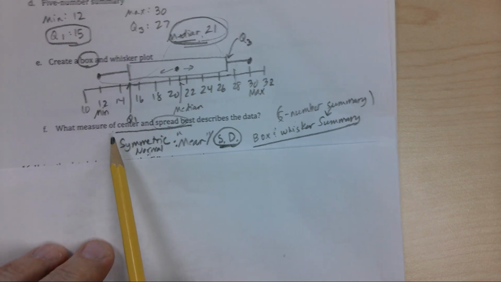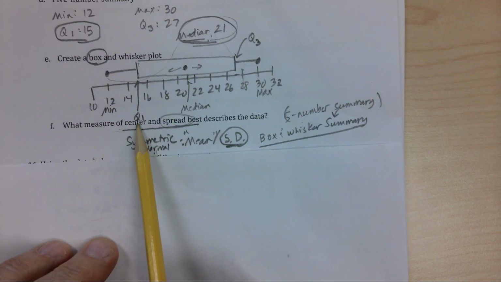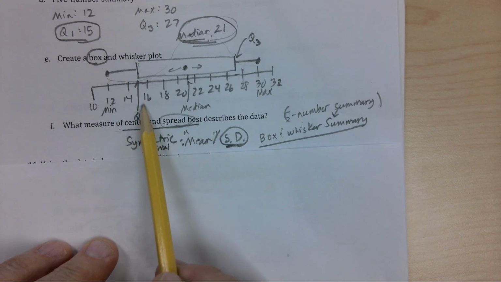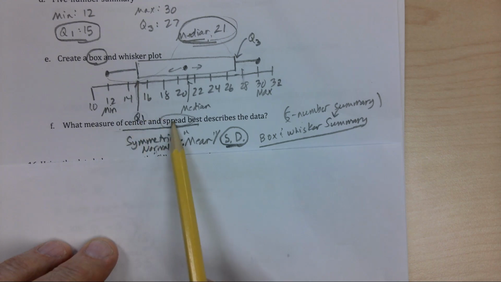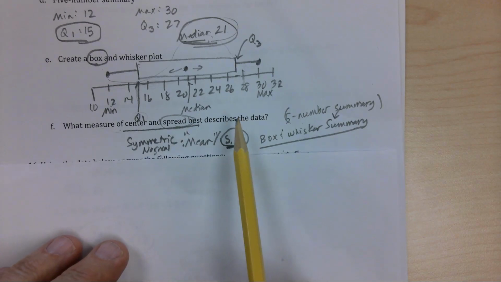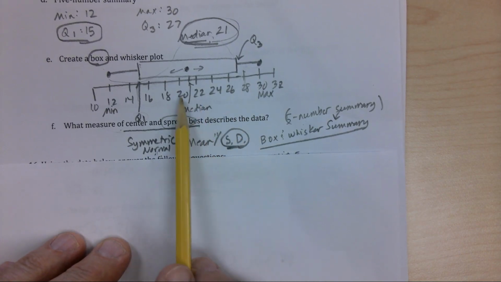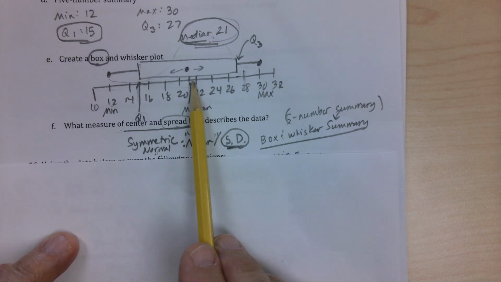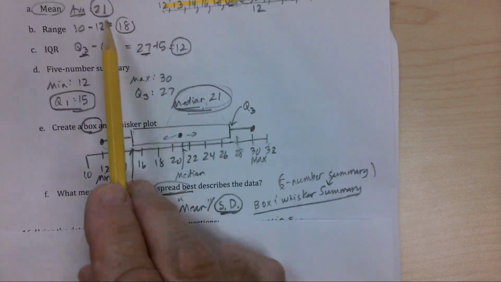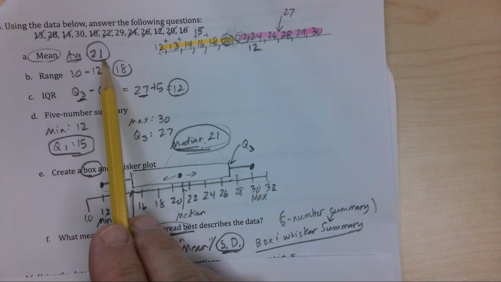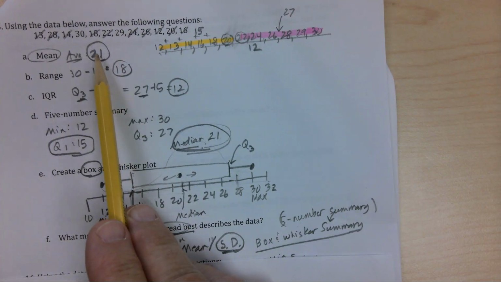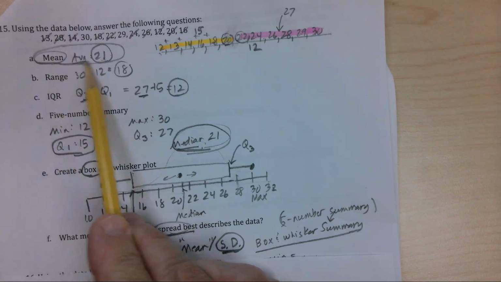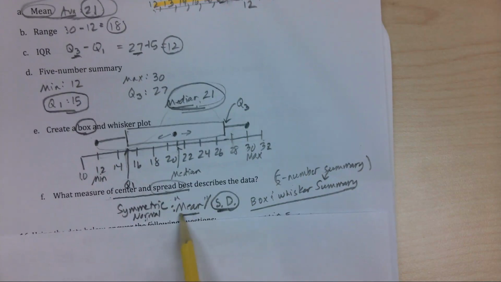So it says, what measure of center, don't pay attention to Q1 that has to do with this, and spread best describe the data. So in this situation, you can see approximately half of the information's on the left, half the information's on the right. So we look at our mean, and does that represent our center? Yes. So we can say the mean best describes the data for our center.